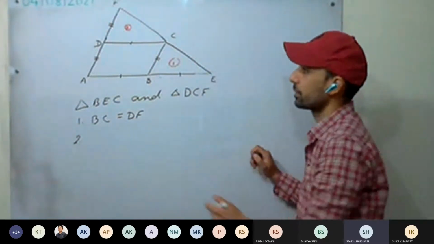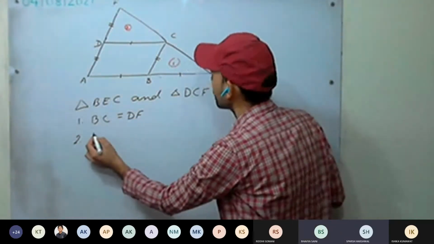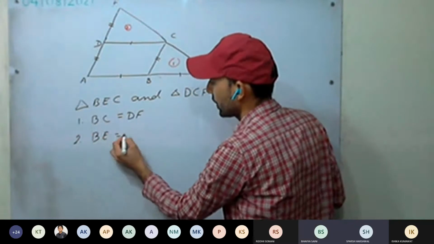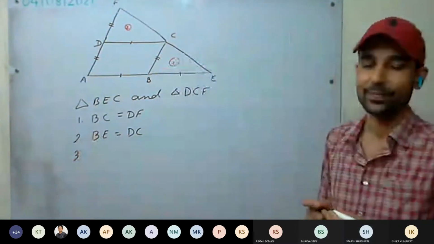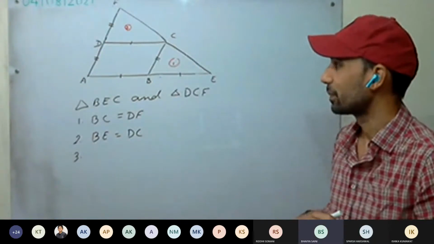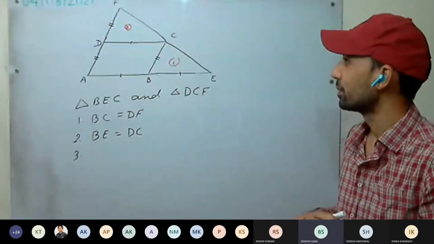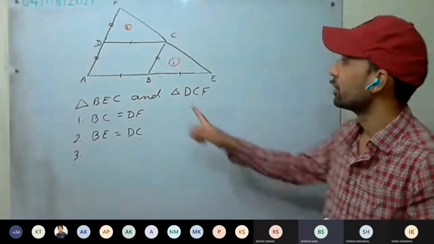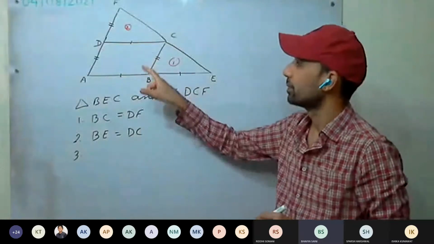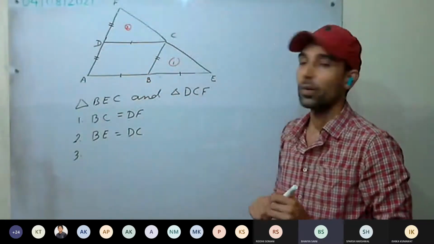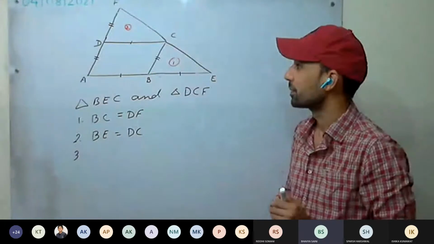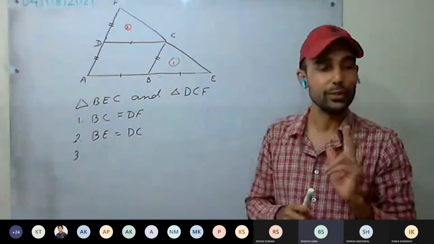DC equal to BE. Third, we can take DC parallel to AB, and BC is cutting the two parallel lines, so we can take corresponding angles.